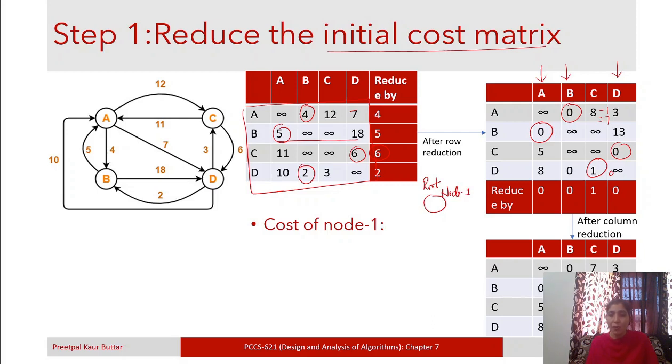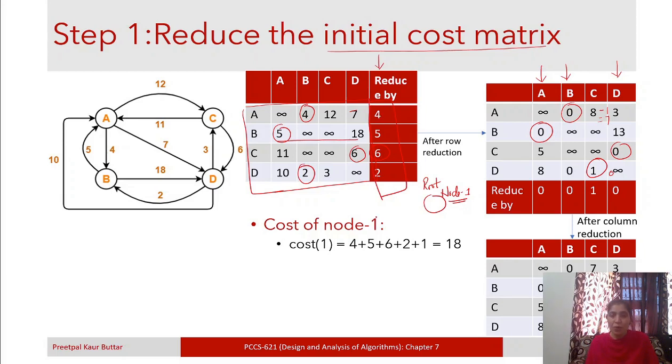So what is the cost of node 1? Cost of node 1 means we are finding a bound on the overall cost of the traveling salesperson problem on this graph, right? This is actually not a row sum, this is the values through which we reduced each row.